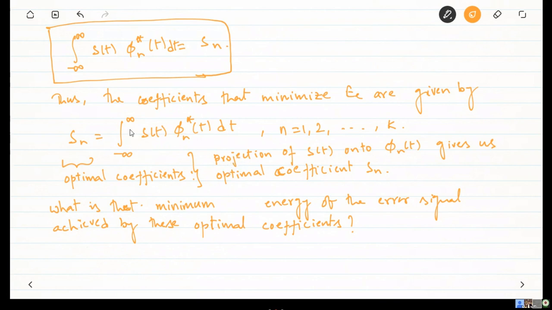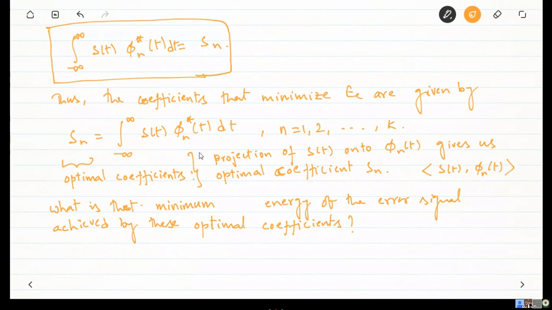That there is a signal s of t. We are projecting that signal onto the nth orthonormal function phi n of t, right? Or in other words, this is nothing but the inner product of s of t and phi n of t.